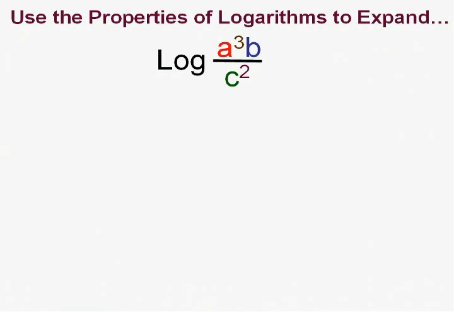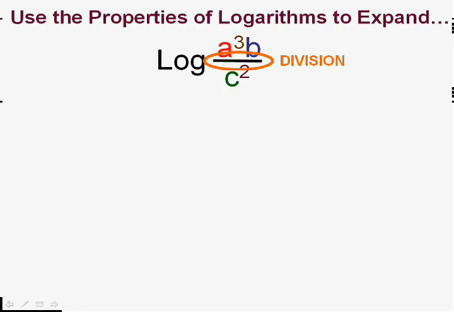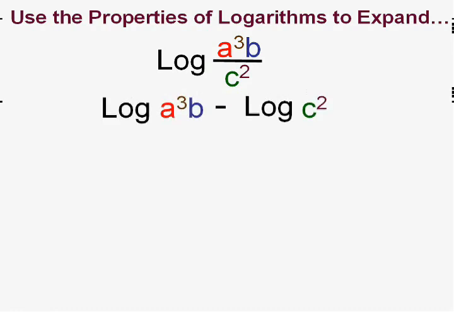Let's use the properties of logarithms to expand this problem. We'll start with, we have an expression here with division. A logarithm with division becomes a subtraction of the logs. Division becomes, and notice that it becomes an easier operation. This is a good trend. Now what else do we have in here?